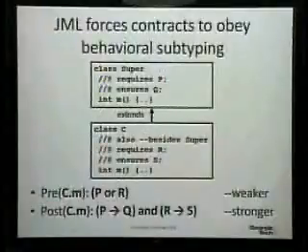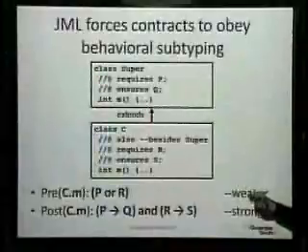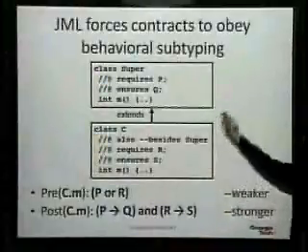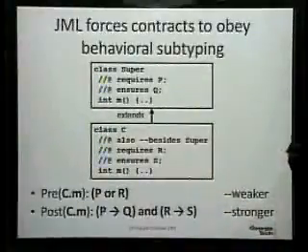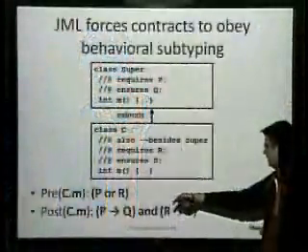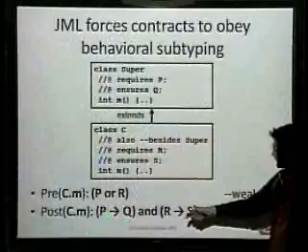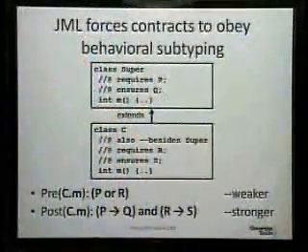JML has rewrite rules internally that compute the real pre and postconditions of C.M by ORing together the preconditions of the superclass and the subclass, and then building the conjunction of: precondition of the supertype implies postcondition of the supertype, and precondition of the subtype implies postcondition of the subtype.